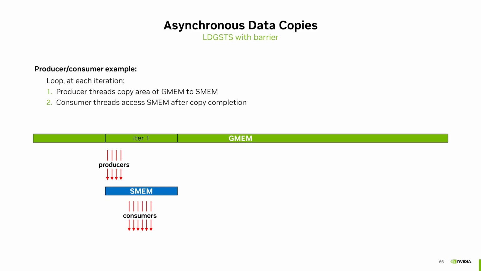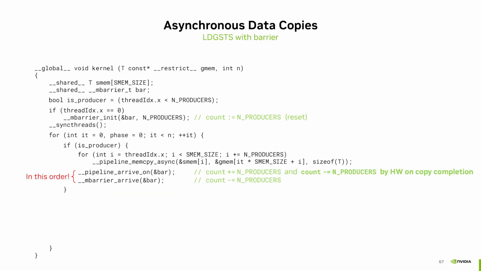Then we have a loop. And first, let's take a look at the producer code. Producer fires copy. And here I have actually another loop, because the amount of data that I want to copy may be different from the number of producers. So this loop just covers the entire shared memory.